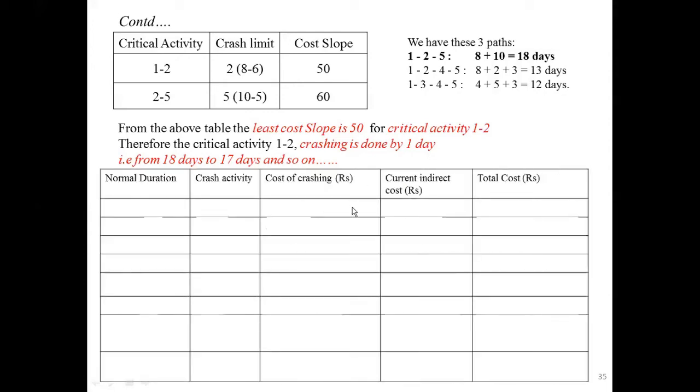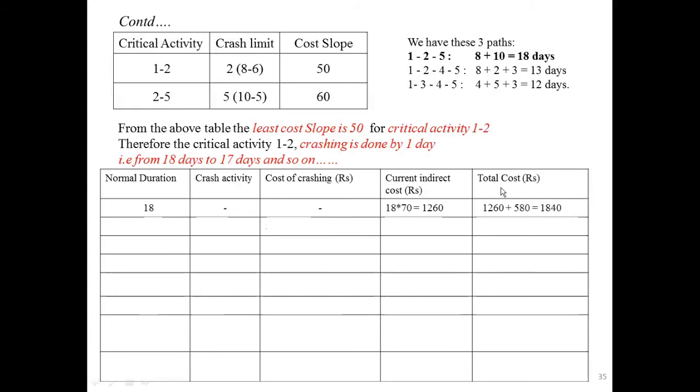You have to construct this table. The normal duration is 18 days, so here you write 18. If we don't crash any activity, then the crash activity column is blank. The current indirect cost is given as 70 rupees into 18 days, which gives 1260.